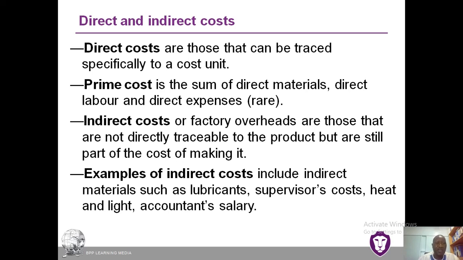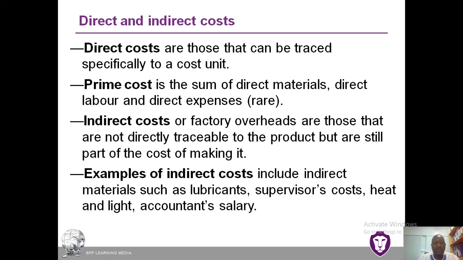The examples of the direct cost would be costs like material cost, because you can easily trace material cost in a particular product, or the cost of labor for those workers who are actually making the product. So those will be direct costs.